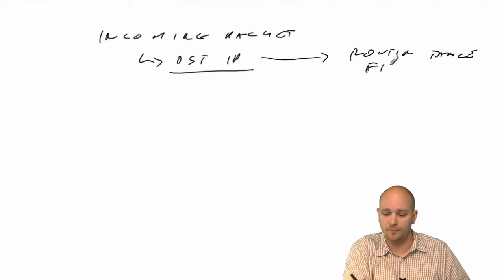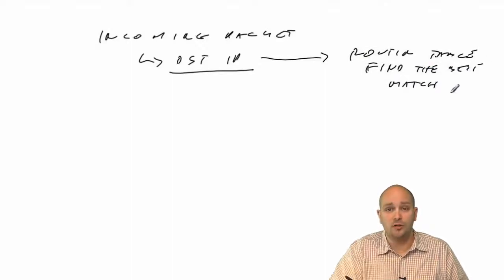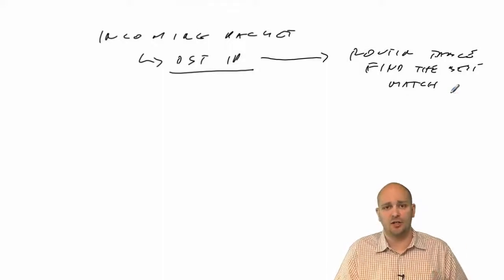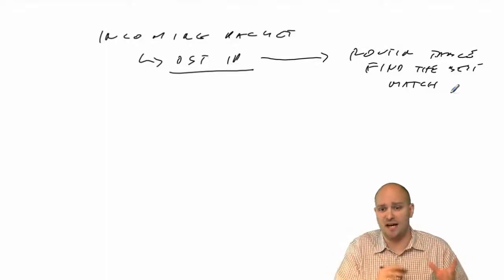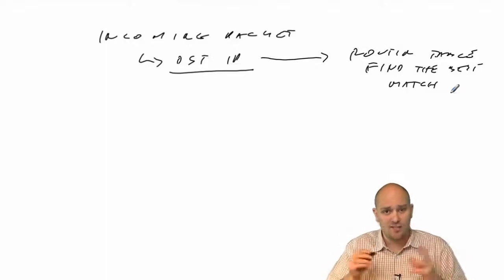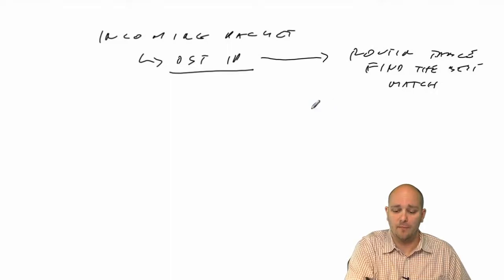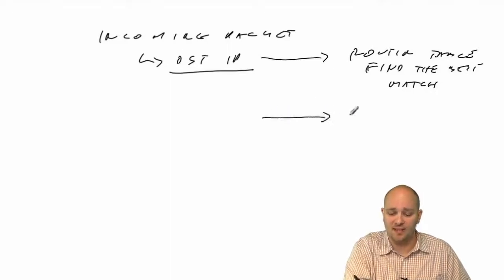to find the best match. So we needed to go through the list of all the routes that are there and find the route, the destination pattern that matches this IP packet the closest. Once we have that, we have to determine what is going to be the exit interface.